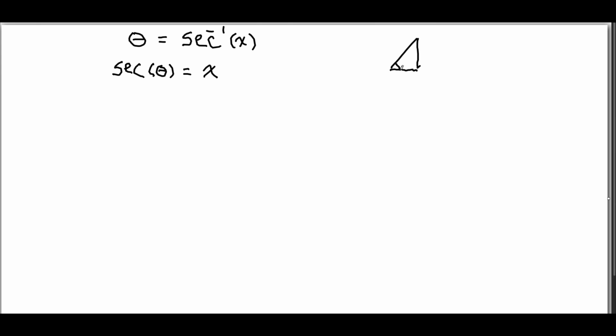And we have theta. And secant of theta is 1 over the cosine of theta. And so if secant is x, then that's x, that's 1, and that's the square root of x squared minus 1.